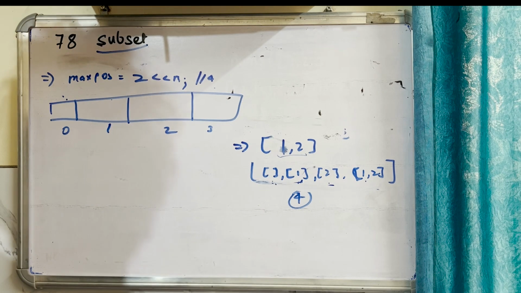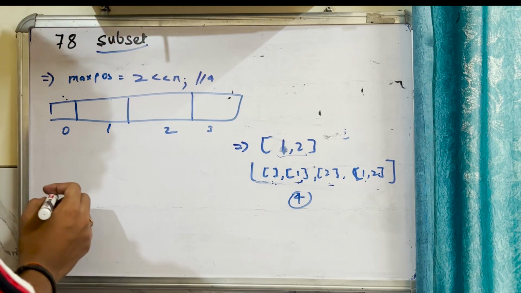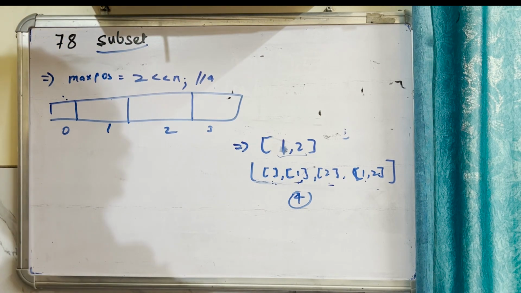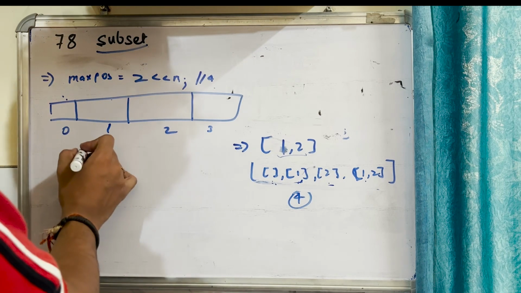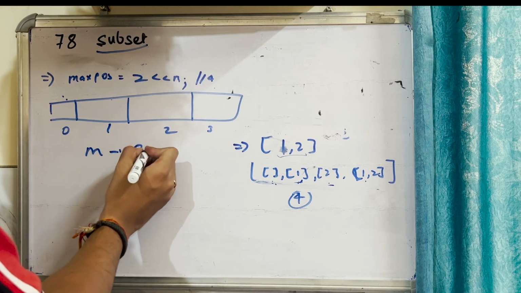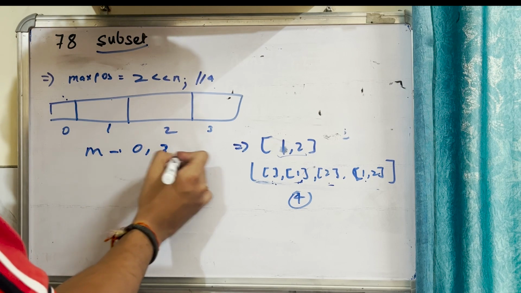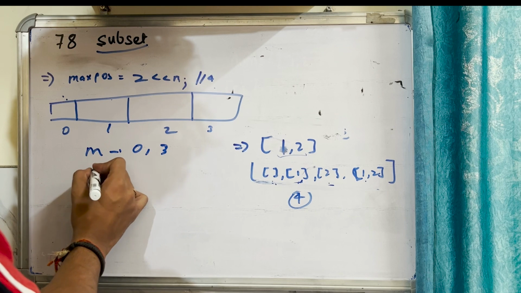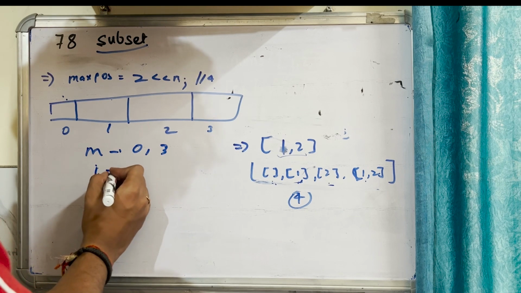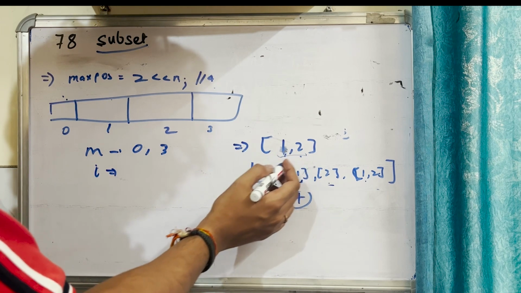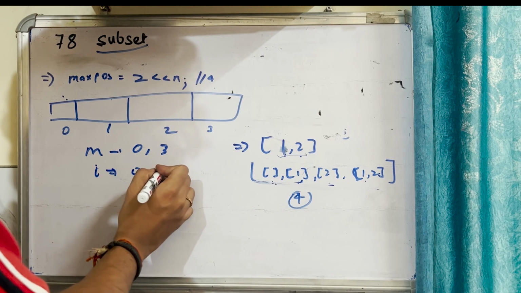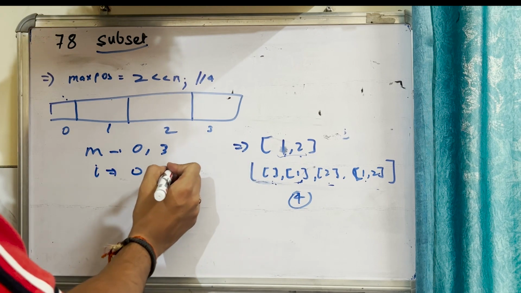How you'll pick using bits. For example, you'll take a variable m which will vary from 0 to 3, and you'll take a variable i or j, you can say, which will vary from 0 to size minus 1, that is, 0 to 1.